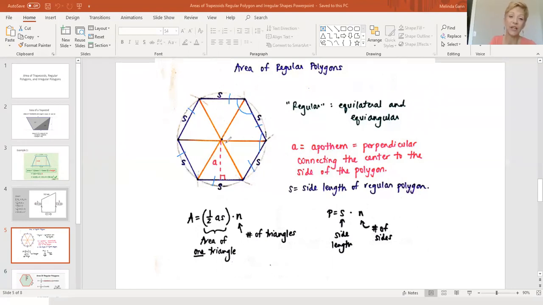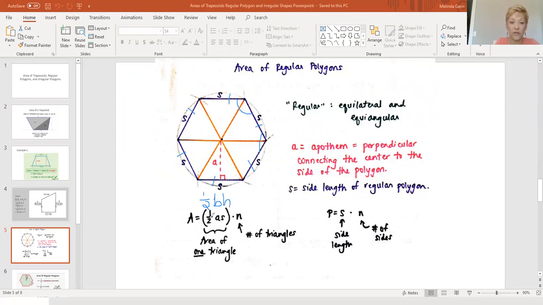Now remember, how do you find the area of a triangle? Well, it's 1/2 base times height, okay? So 1/2, and then you'd have your base, and then you would have your height. Now look at their figure.